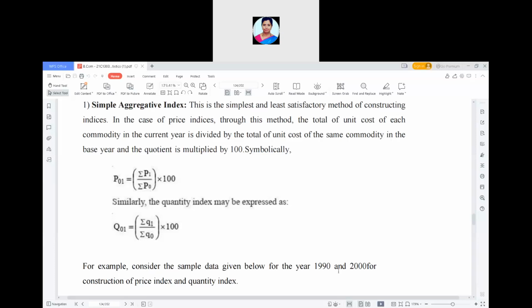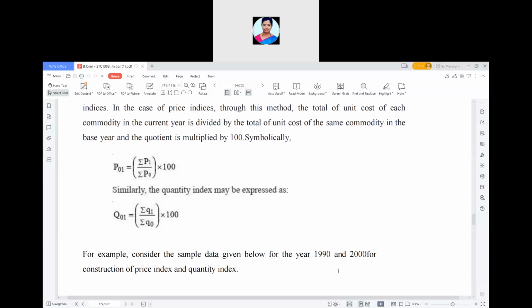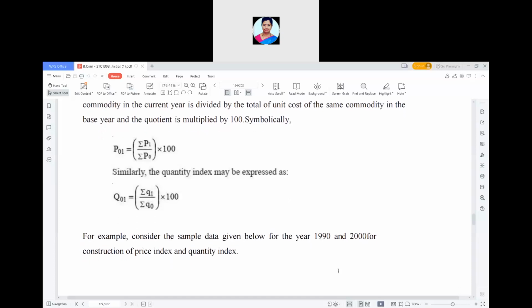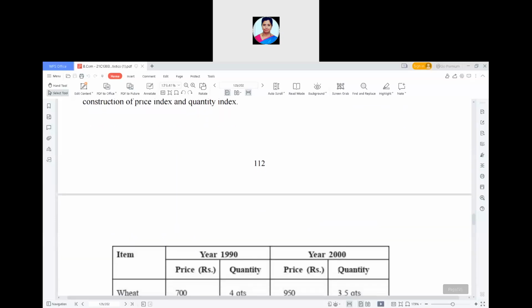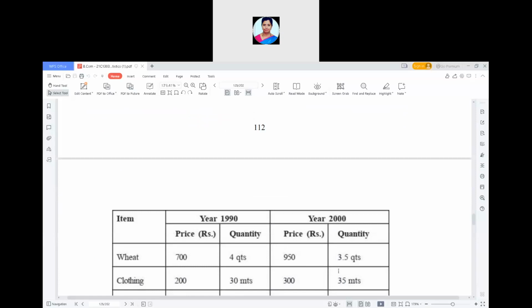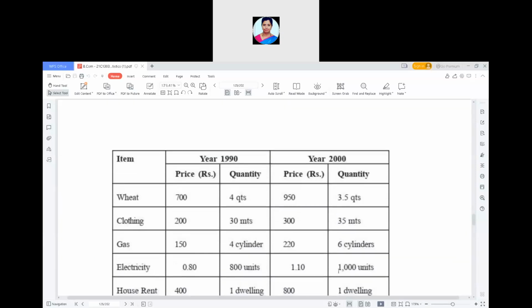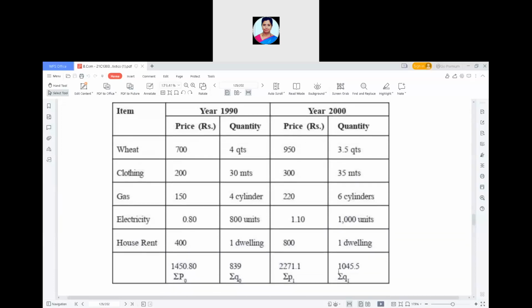Now, for example, consider the simple data given below for 1990 and 2000 for construction of a price index and quantity index. Here are the items, the commodities: wheat, clothing, gas, electricity, and house rent.